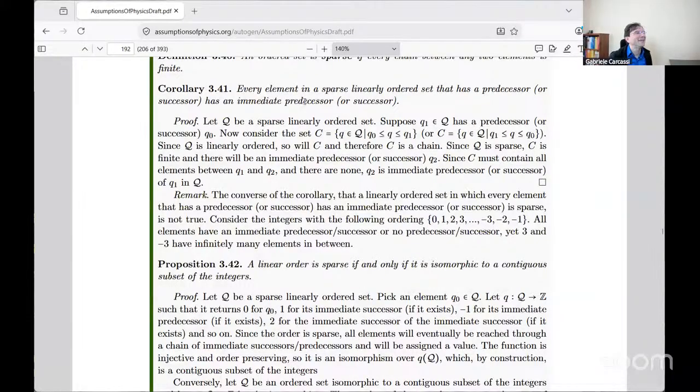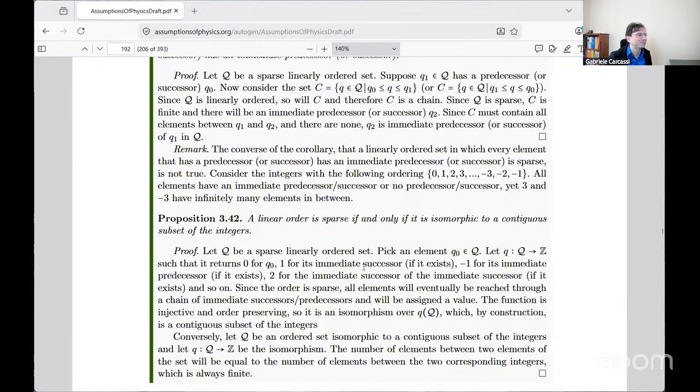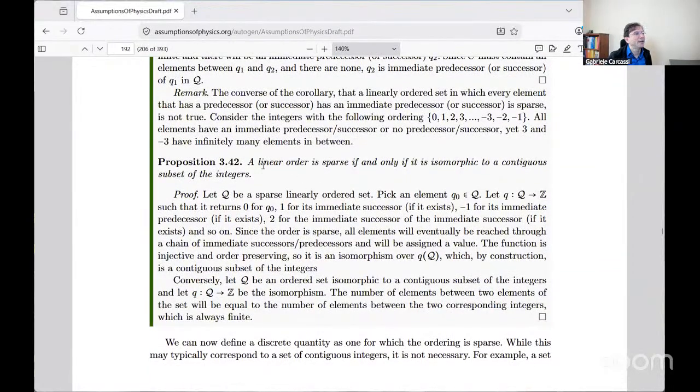So if we have a sparse order, we have immediate predecessor and immediate successor, but the converse is not true. A linear order is sparse if and only if it is isomorphic to a contiguous subset of the integers. So if you have a linear order, and between any two elements you can only have finitely many elements, then this ordering is a subset of the integers.